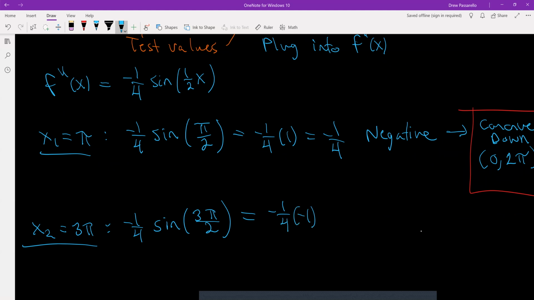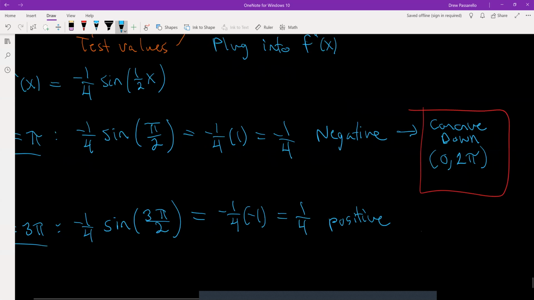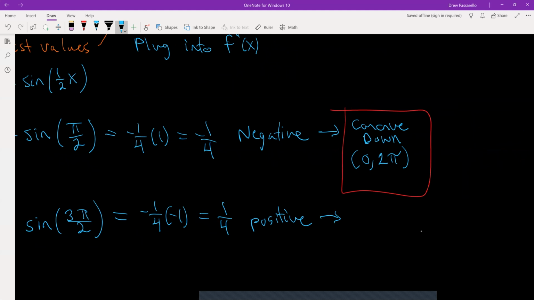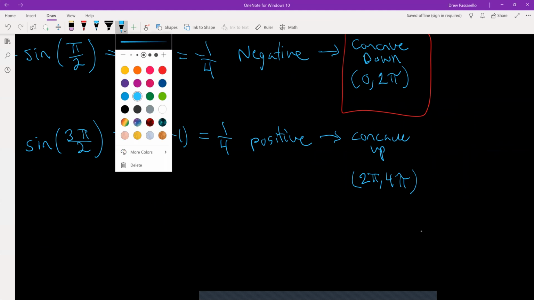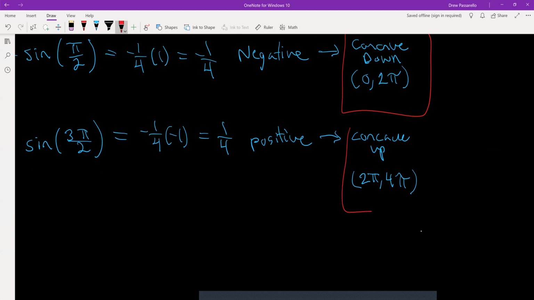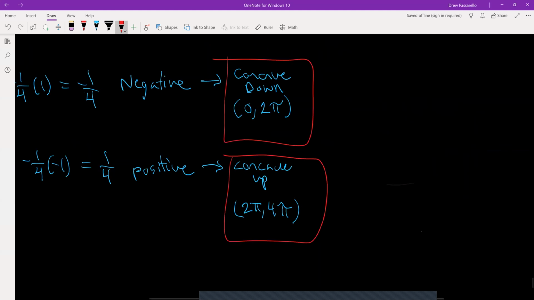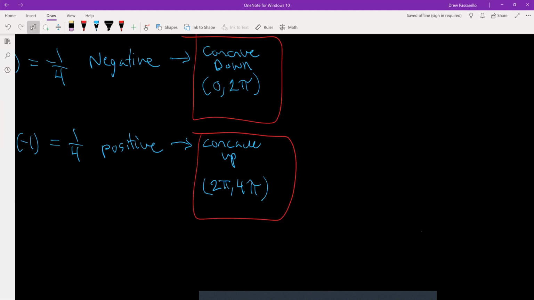That gives me positive 1/4. So it's positive, so it's concave up. And that came from the second interval, which is 2 pi to 4 pi. All right, so that's my intervals of concavity.